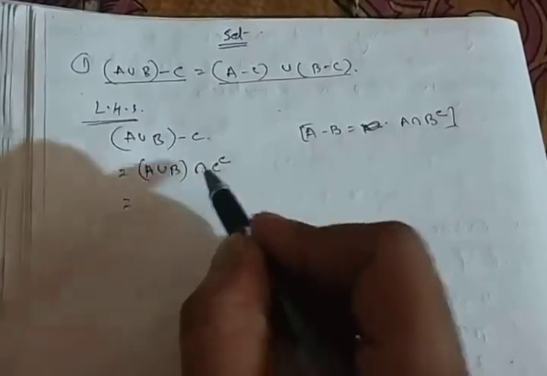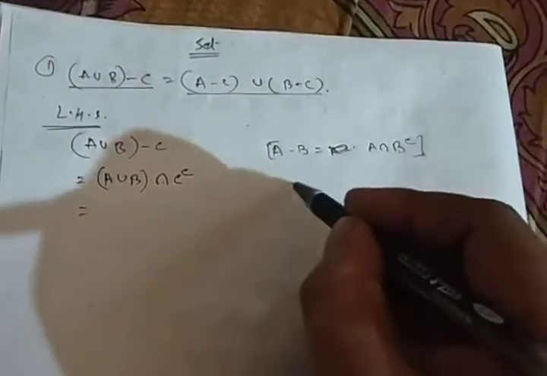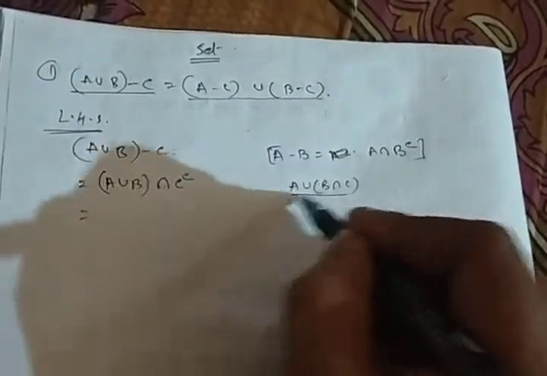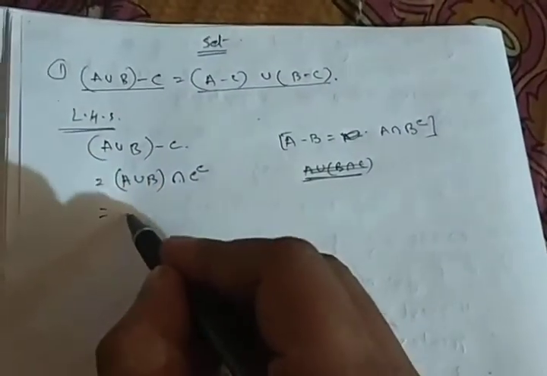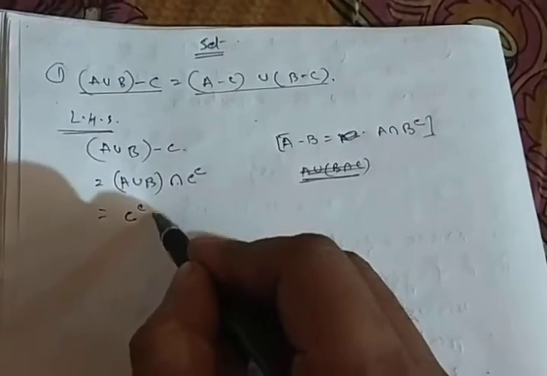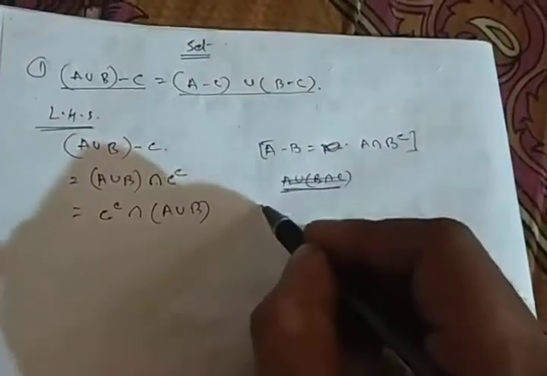Now we can use the distributive law, but we have the distributive law when it is A union (B intersection C). So we will use the commutative law: C complement intersection (A union B), by commutative law.